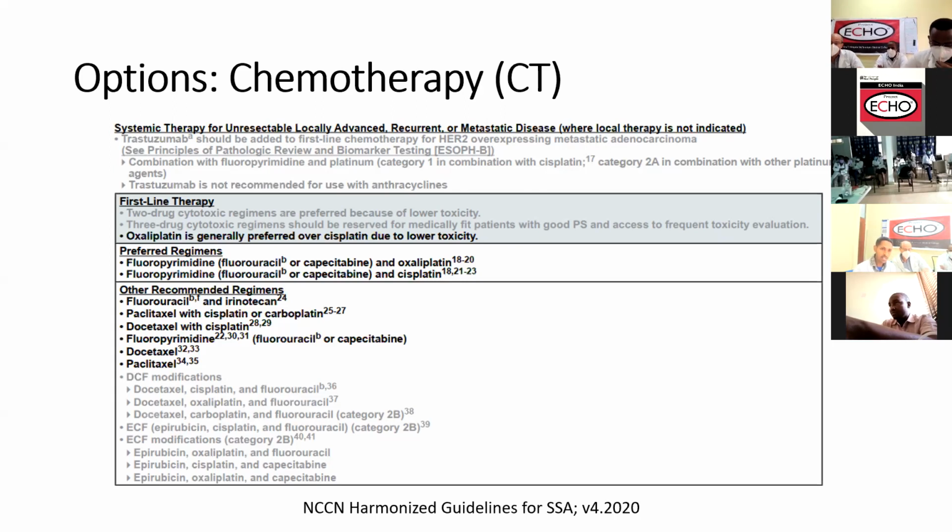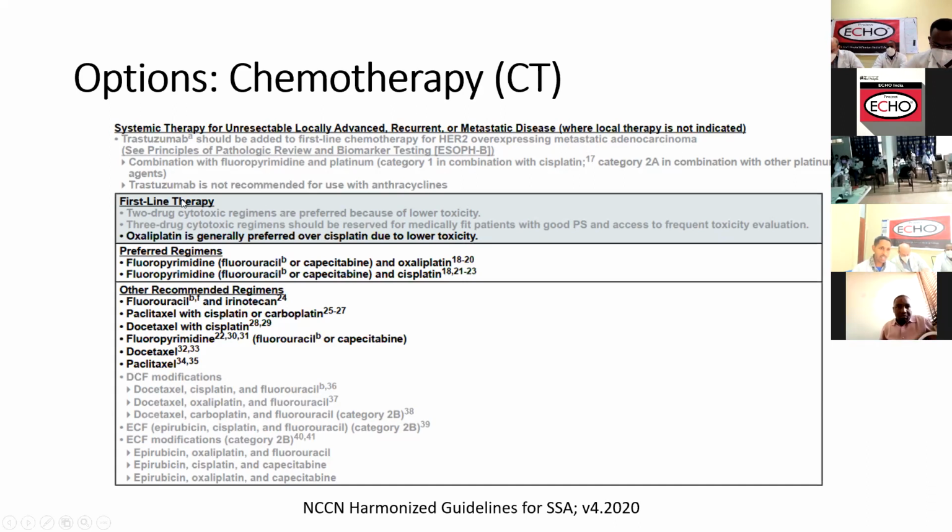This is a good guideline, especially because, as you can see, those options in beige are not available in Sub-Saharan African countries, either because of the cost or because they are not available in this country. So they are not recommending such treatments. Rather, those options in black are the recommended ones.